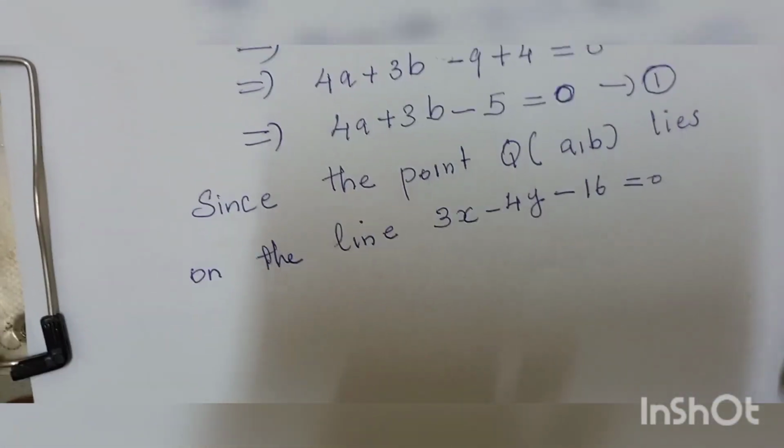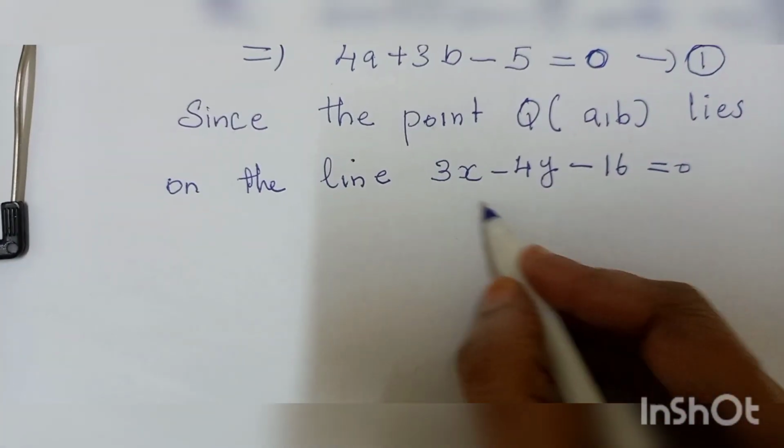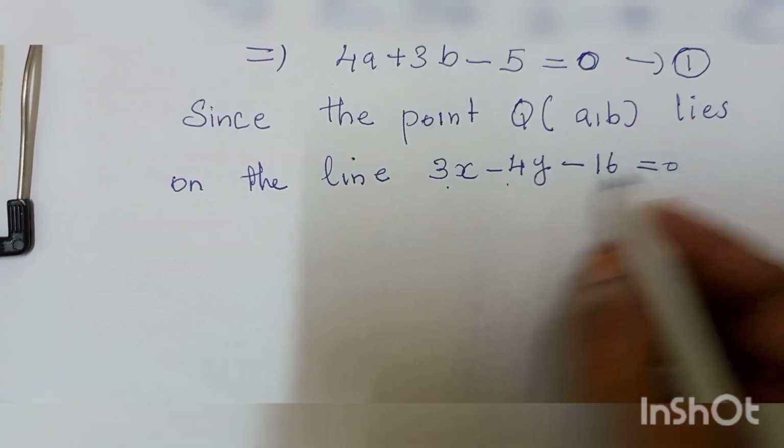This is the line. So 3x minus 4y minus 16 is equal to 0.